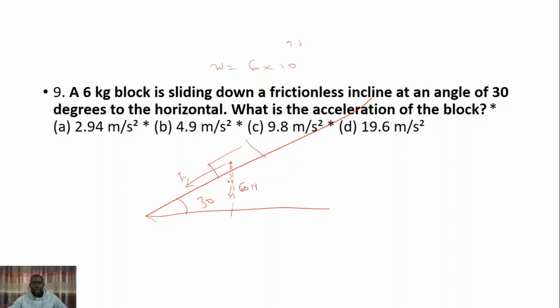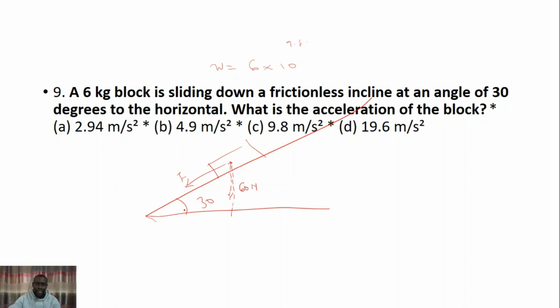But you know, weight always acts vertically downward. Now, for us to get the component of this weight along the plane, we need to resolve it. You can watch my video on resolution of vectors for you to understand this better. It was discussed extensively there. I would advise that you watch it. Okay. Now, for you to know the components of this force along the plane axis, you resolve it.